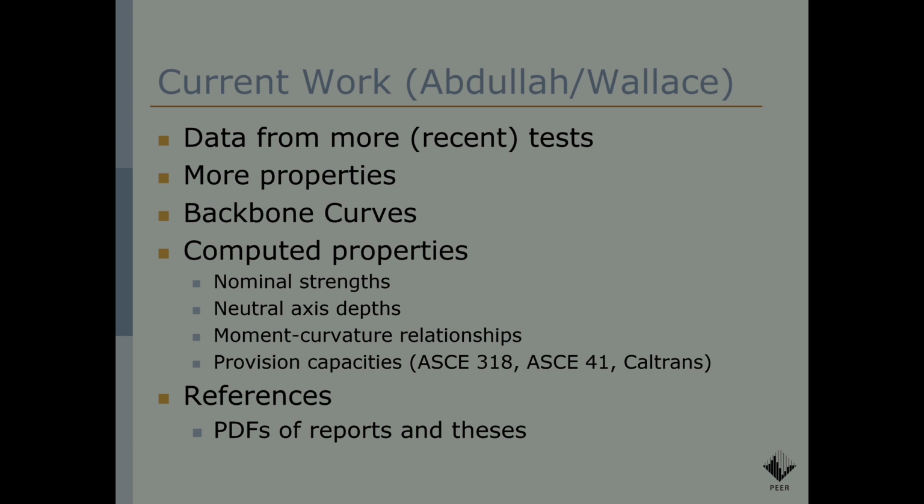In other words, so many of the calculations we do as structural engineers are very much determined beforehand. It would be like the ACI flexural strength or something like that. Rather than requiring every database user to recalculate all those values, why not just provide them? And then there are other things there, nominal strengths, neutral axis depths.